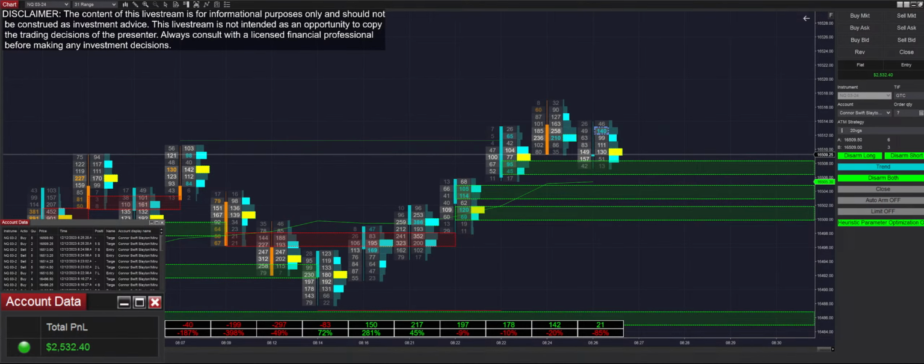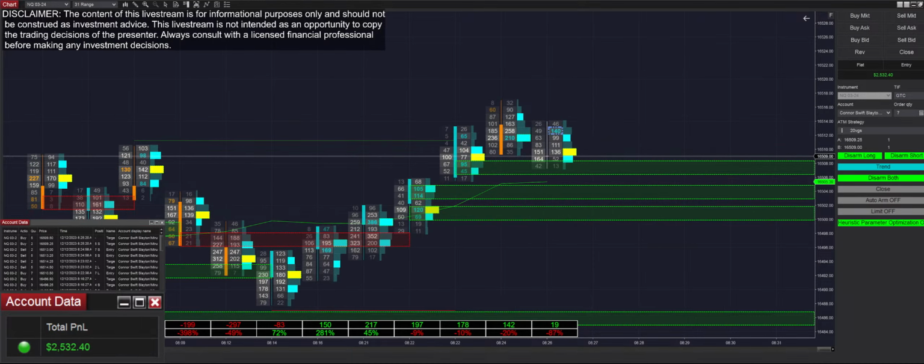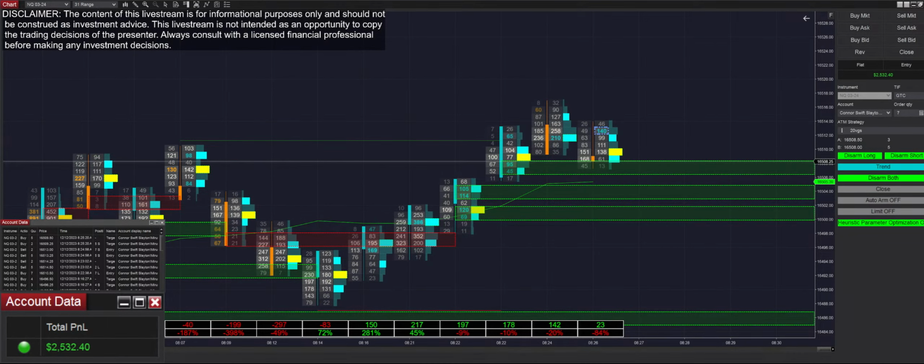If we bounce off this low level there again with that green automatically derived zone, we are going to switch into regression.